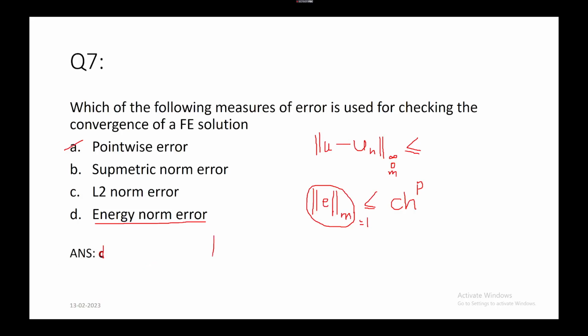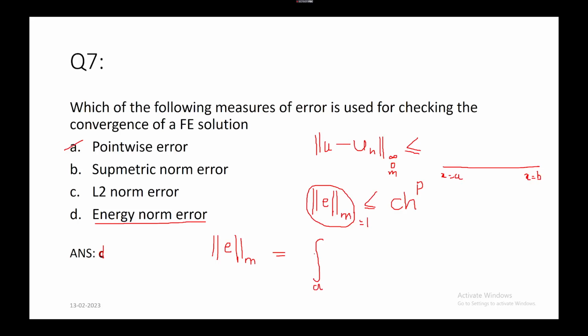So the definition of energy norm is E subscript m equal to, the integral over the domain. Let us say we have a one-dimensional domain, x equal to a to x equal to b.